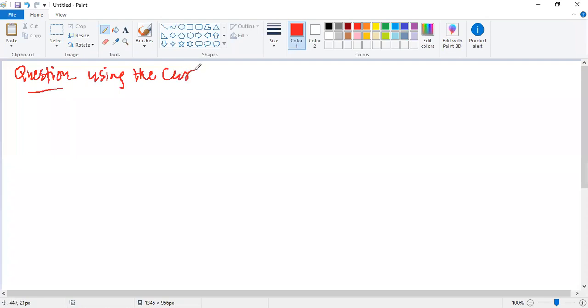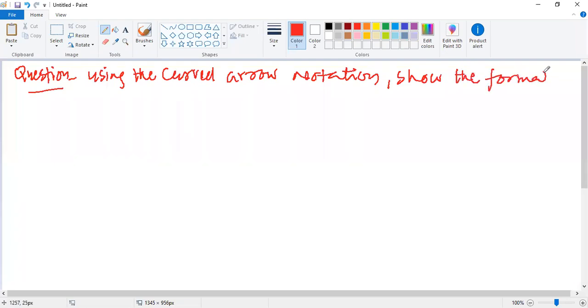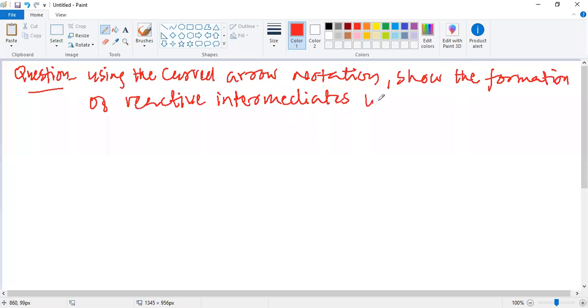Using the curved arrow notation, show the formation of reactive intermediates when the following covalent bonds undergo heterolytic cleavage.